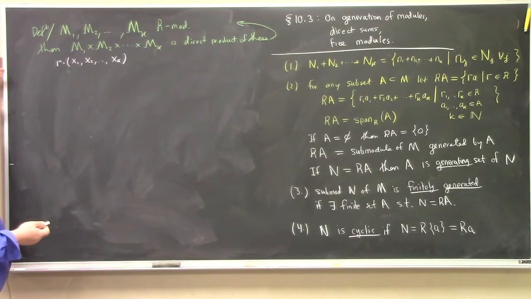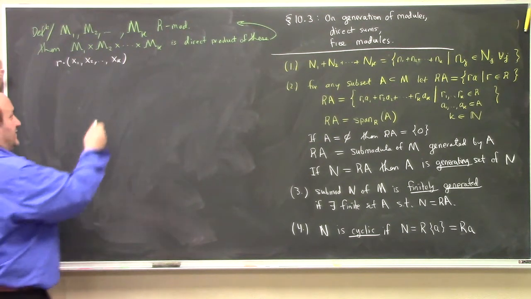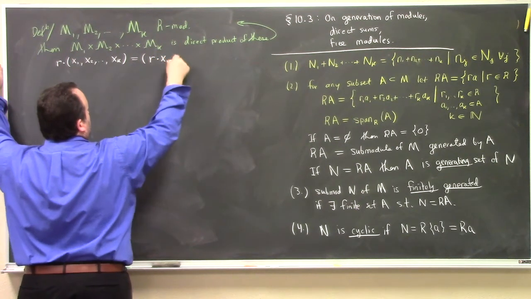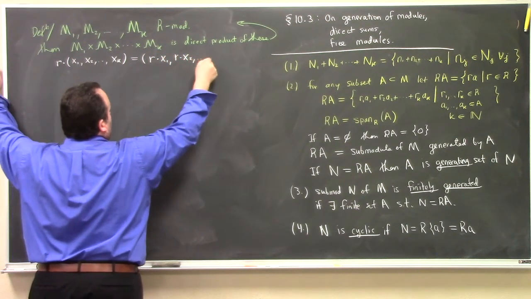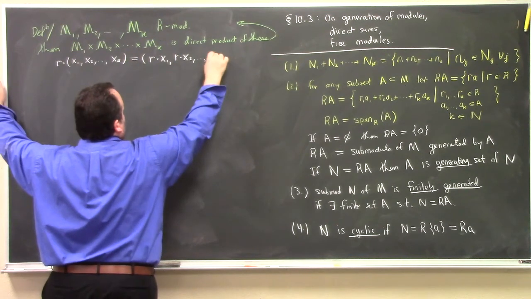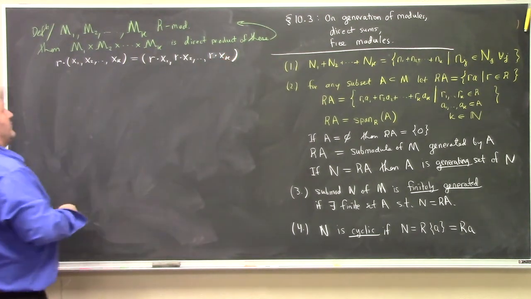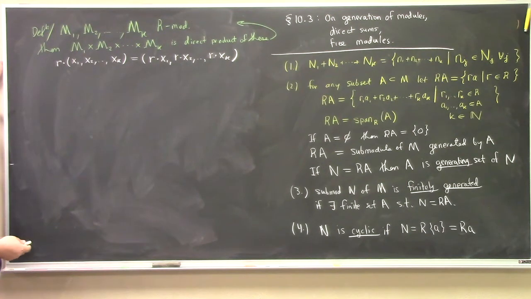So the way we define the module action on such a thing is just component-wise. And it is straightforward to prove that this definition satisfies the axioms for an R module action, right? So this is just the external direct product, right?